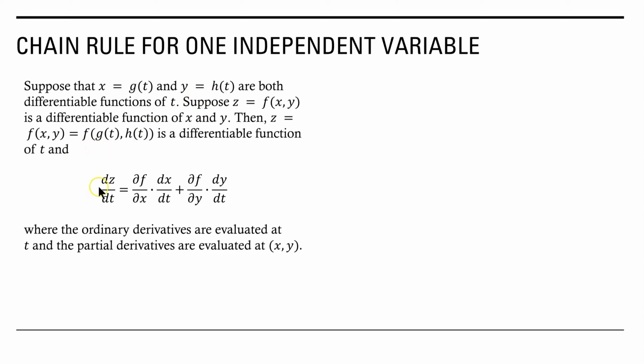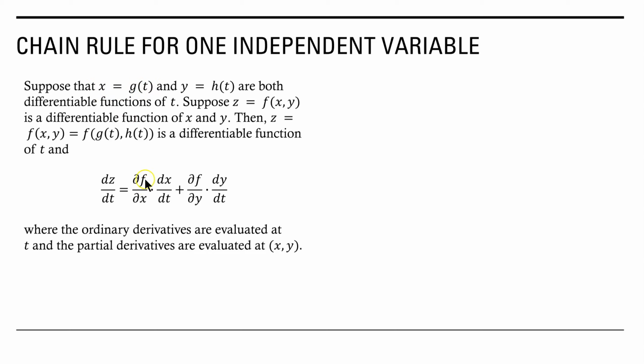So to find the derivative of z with respect to t, we take the partial derivative of f with respect to x, and then the derivative of x with respect to t. We're first going to find how this function f changes with respect to x, and then we have to recognize that we also need to consider how this function x changes with respect to t.